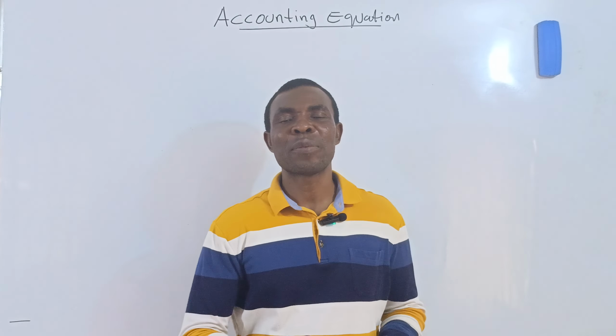Now, liability, the second element of financial statements. What is liability? Liability represents what the business owes third parties, the external parties.